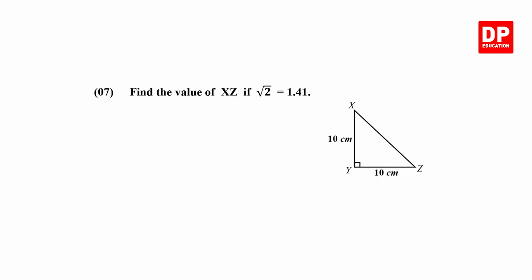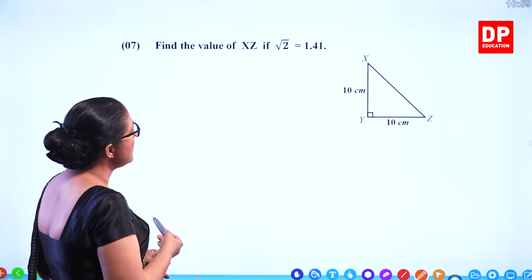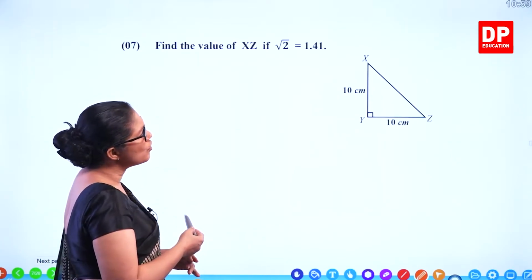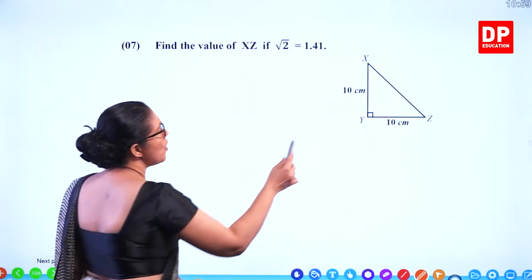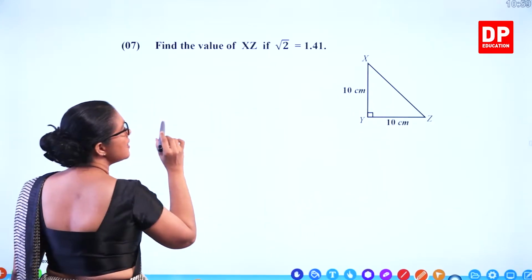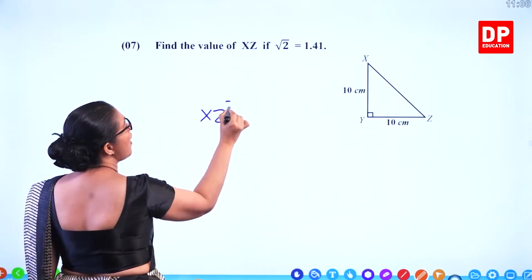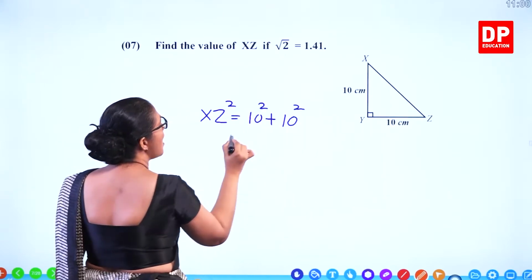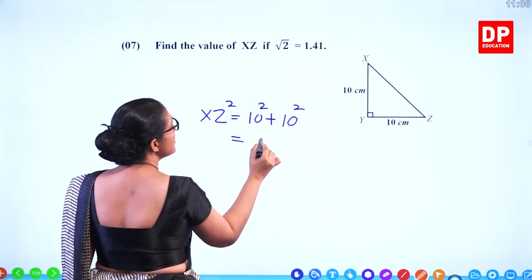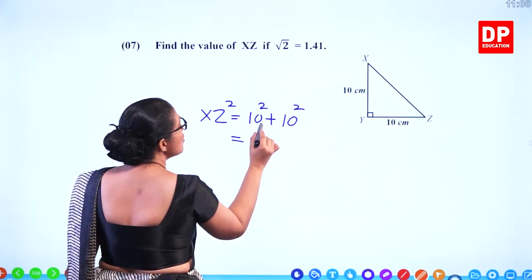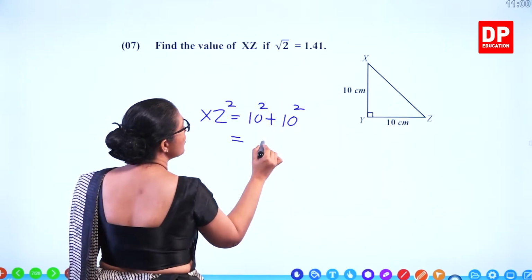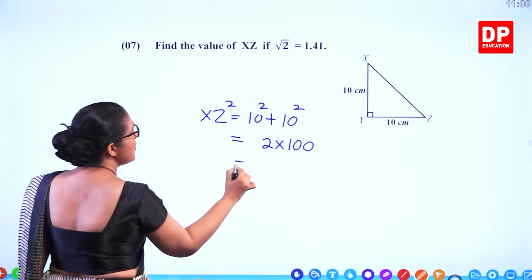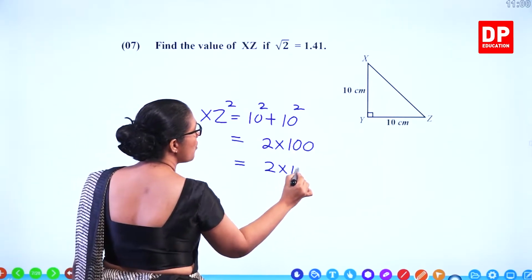Question number 7. Find the value of XC if root 2 is 1.41. We'll use Pythagoras theorem because this is 90 degrees. So XC squared is equal to 10 squared plus 10 squared. 100 and 100, you get 200, or you can write 2 times 100, that means 2 into 10 squared.